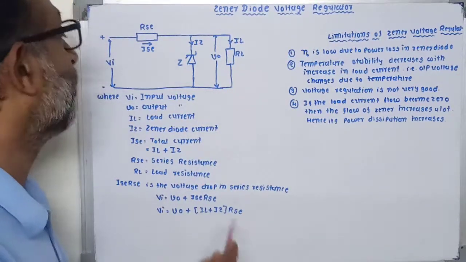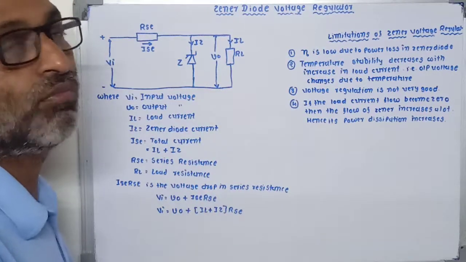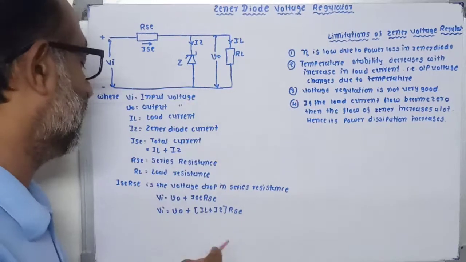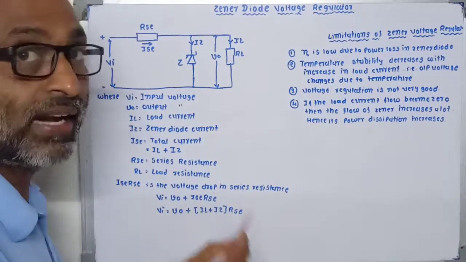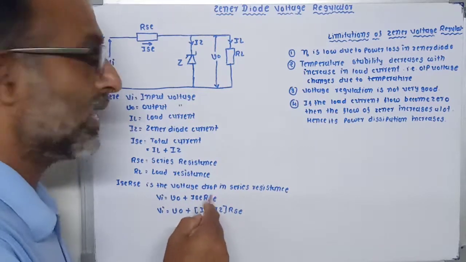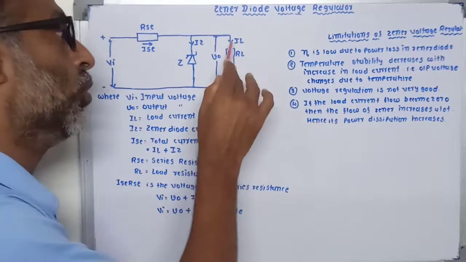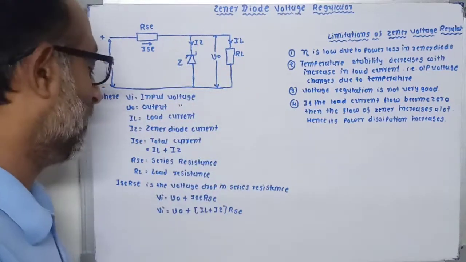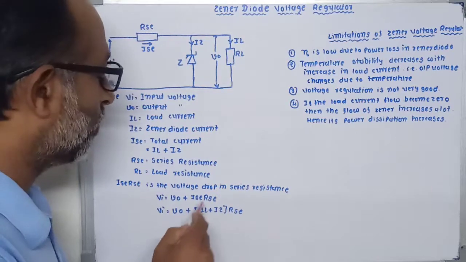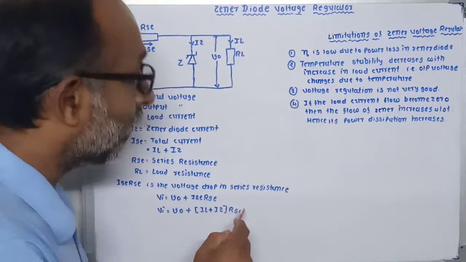Now, when current passes through the resistance RSC, there is some voltage drop across this resistance. So, we can write Vi is equal to V0 plus ISC times RSC. But ISC is the summation of load current and the Zener current. So, we can write Vi is equal to V0 plus (IL plus IZ) into RSC.